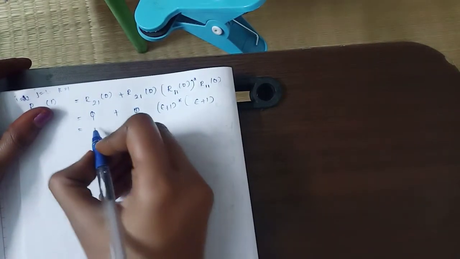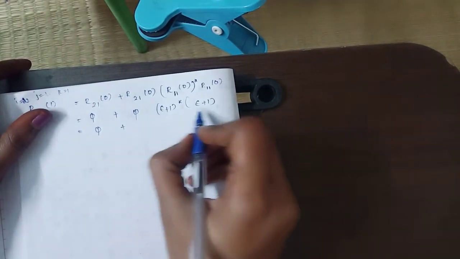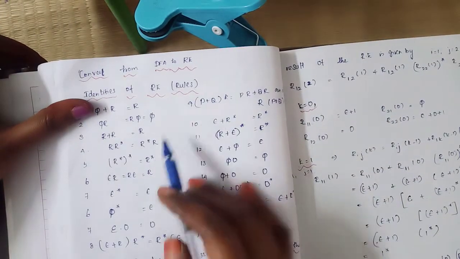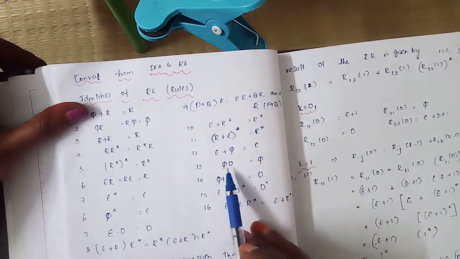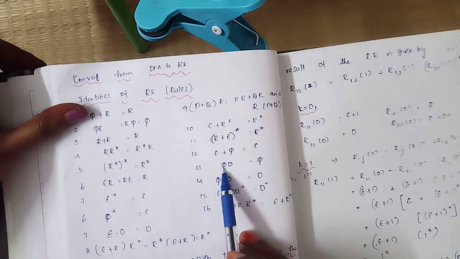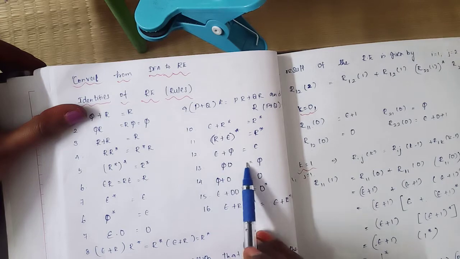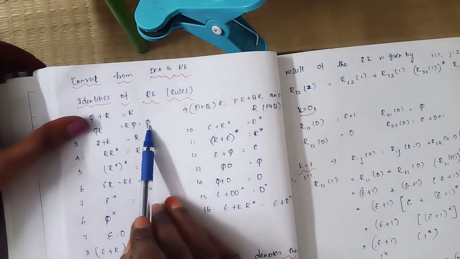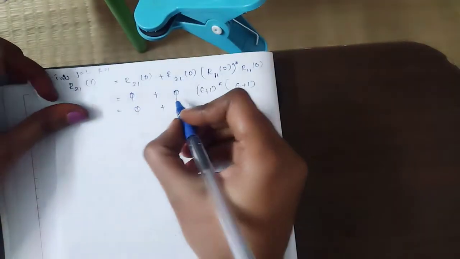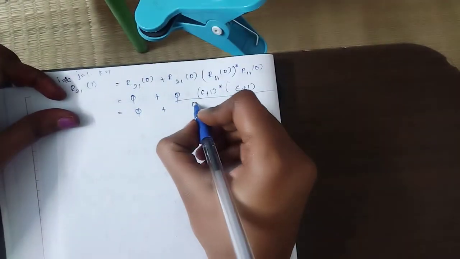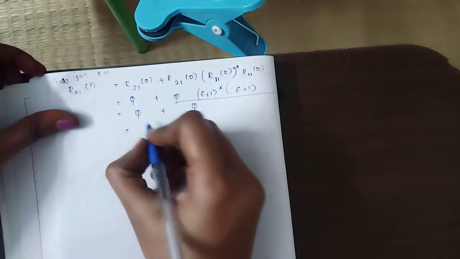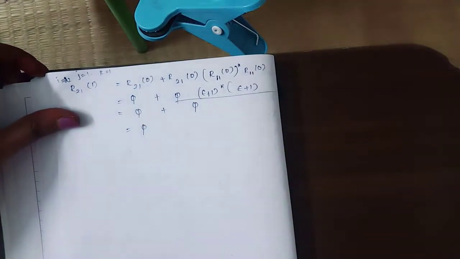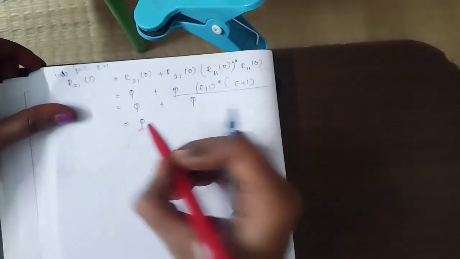So whenever we have a multiplication with a φ value, we already see this formula: when you multiply any regular expression with a φ value, it always gives the φ value. So it is fully converted to φ. So after the addition of φ plus φ, you will get φ. Right. So this is the value for this.